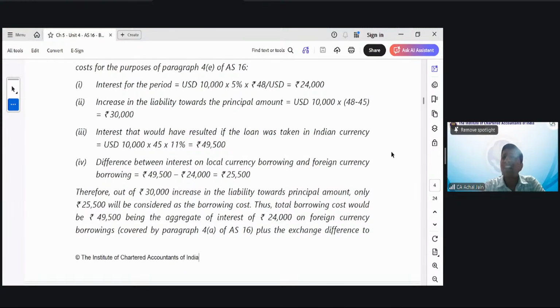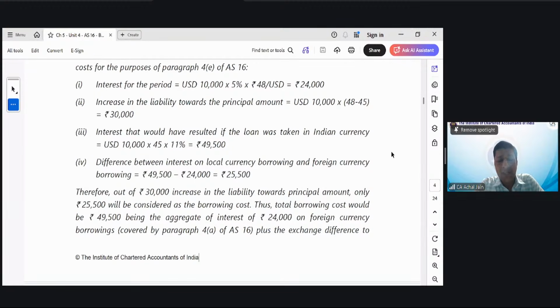But there's one analysis we need to draw. Now, this is very important. See, for saving this interest cost, company had to incur another cost. That is exchange difference loss. So company saved the interest, there is no doubt about it, but the company ended up incurring a cost which you call as exchange difference loss, because that will go to P&L.